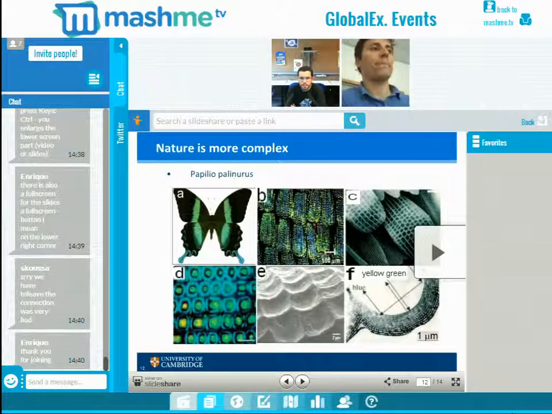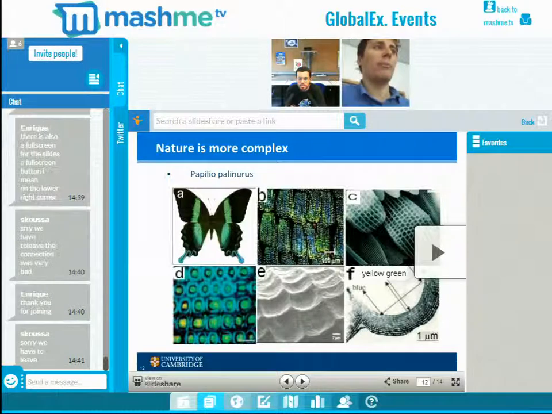Mm-hmm. So what are the scales of C and D? Pictures C and D on that slide? C is also a SEM image of the same structure. So coming back to figure B, the scale bar here is 100 microns. That's taken with the optical microscope.